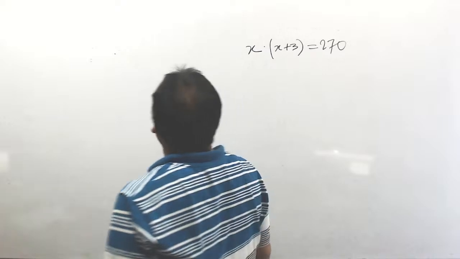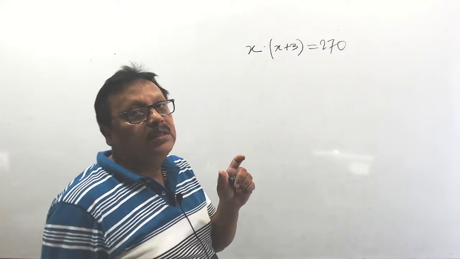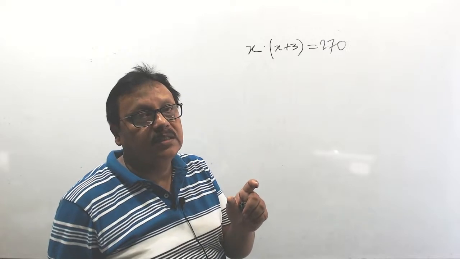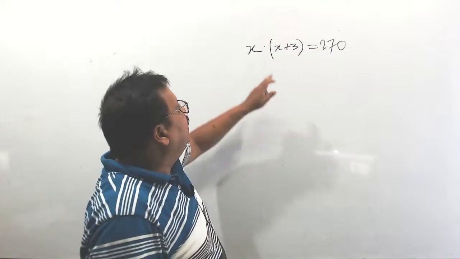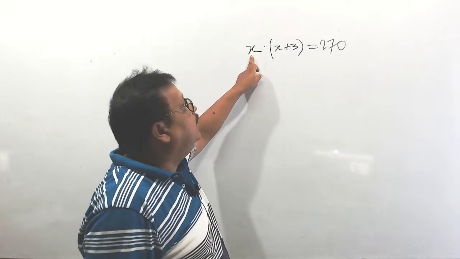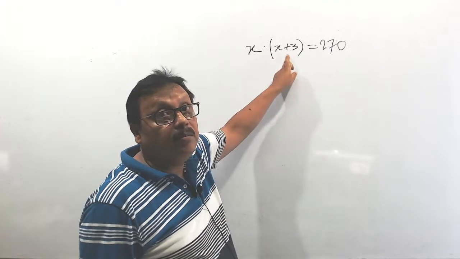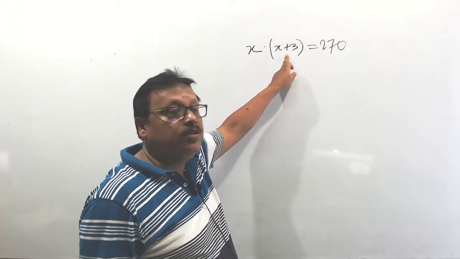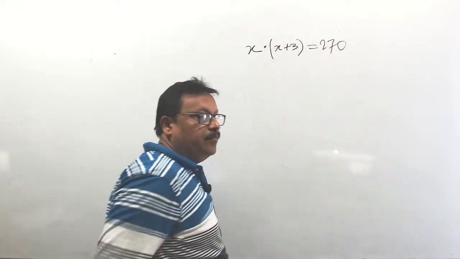Okay? Consecutive multiples of 3. That means if one number is 3, another number will be what? 6. Then another number will be what? 9. That is, if x equal to 3, another number will be what? 3 plus 3, 6. This is consecutive multiples of 3. Understood? And their product is 270.